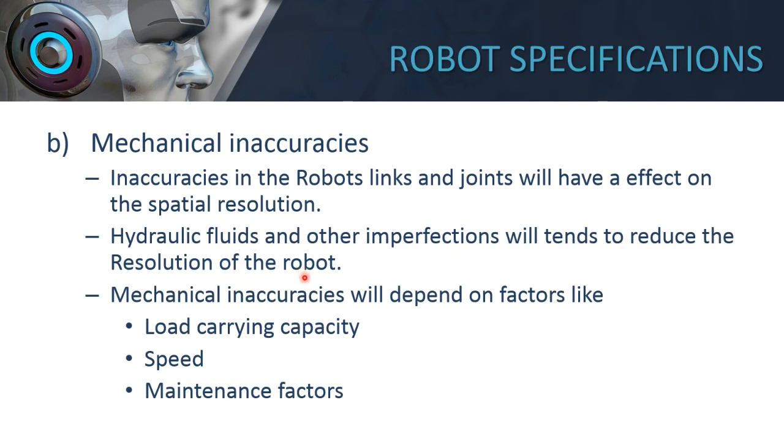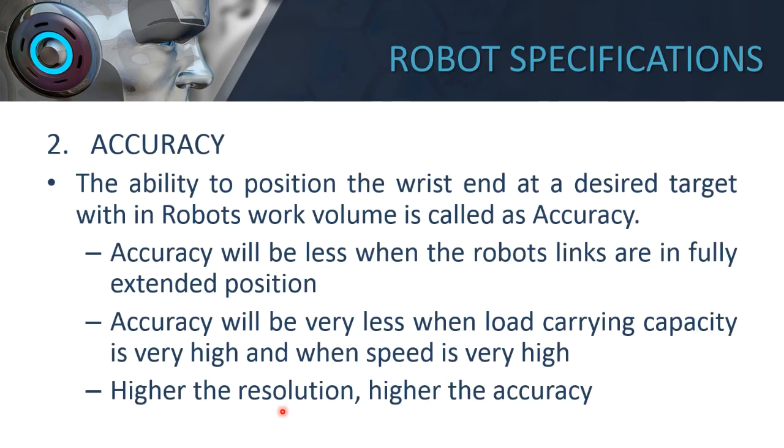Mechanical inaccuracy is about the decrease in accuracy because of factors like load carrying capacity, speed, and maintenance. When the robot is continuously working on heavy loads, the accuracy drops. When the robot executes its task very fast, over a period of time it might lose its speed. And if it has not been maintained properly, then also you will get mechanical inaccuracies.